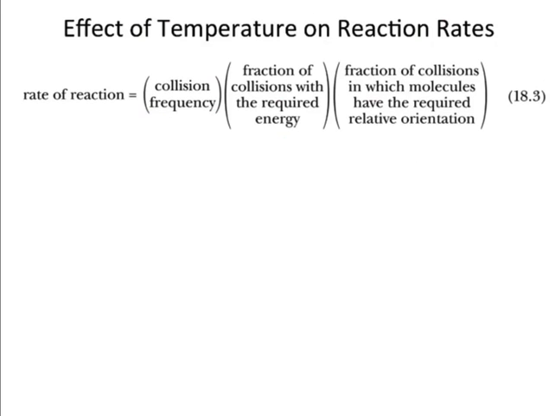Going back to this equation, let's put some variables on it. We'll call the collision frequency Z, and the fraction of collisions with the right orientation P. Then in the middle, the fraction of collisions with the right amount of energy is related to e to the negative activation energy, Ea, divided by the gas law constant R and temperature in Kelvin. That set of terms relates to the fraction of collisions with the right energy.